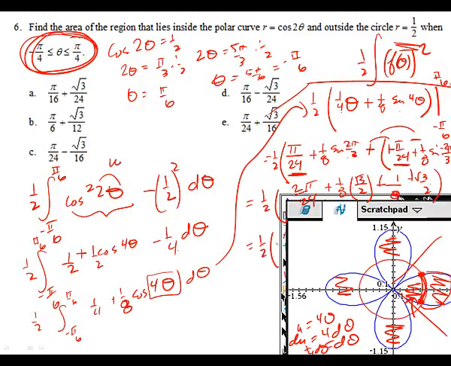So you have 1/2. It would be pi over 12 plus 2 square root of 3 over 16, which would reduce to 8, wouldn't it? And then I have to distribute the 1/2 in. So pi over 24 plus square root of 3 over 16. So it's looking like E, right?